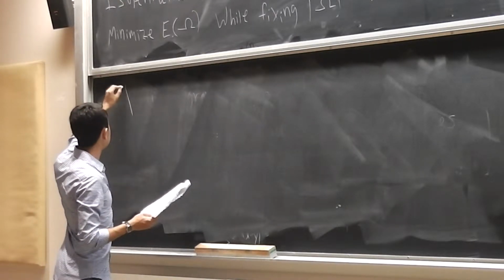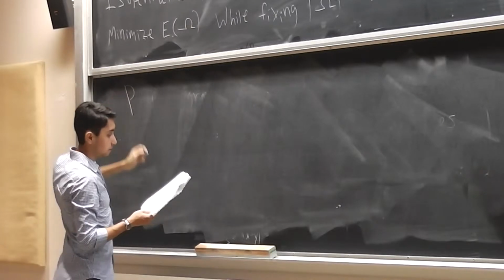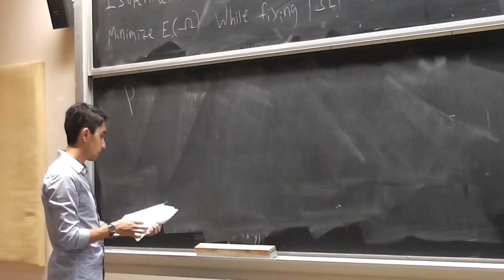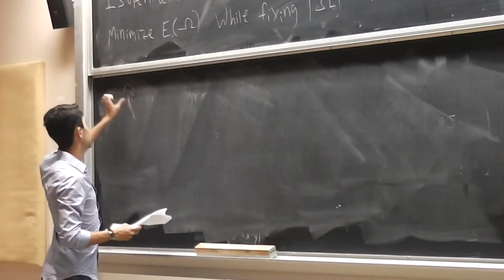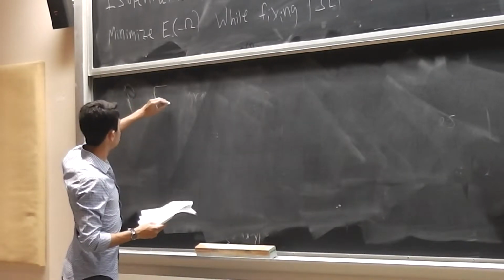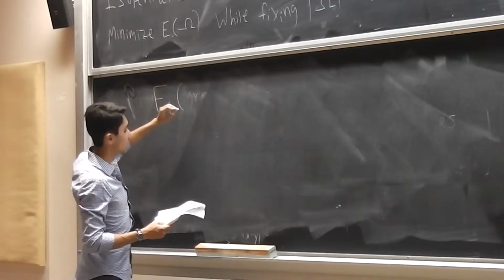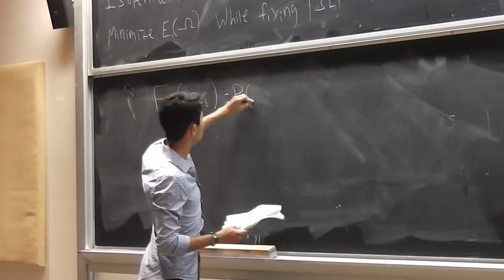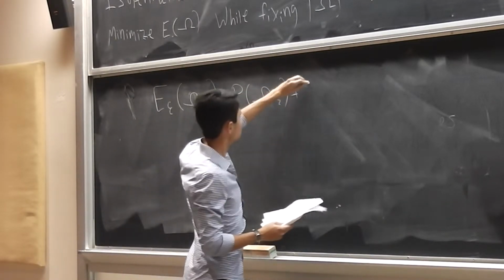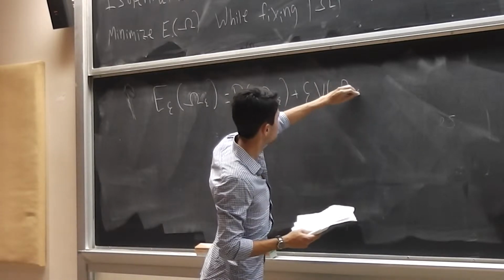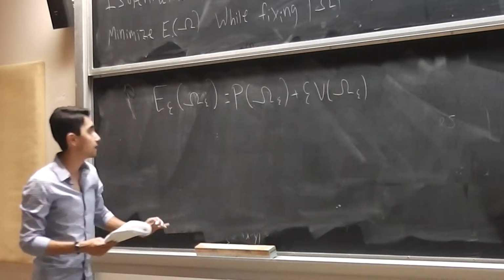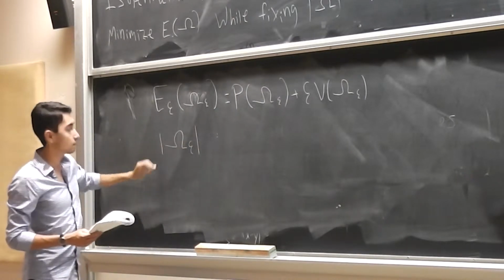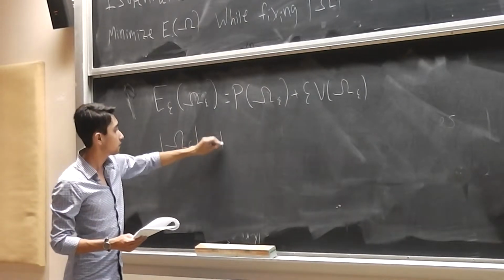Okay, so actually, for doing this, we work with a scaled problem. It turns out that you can define this equivalent problem. You look at a new energy called E epsilon of omega epsilon. So if you minimize this energy, now we're looking at sets of constant area.